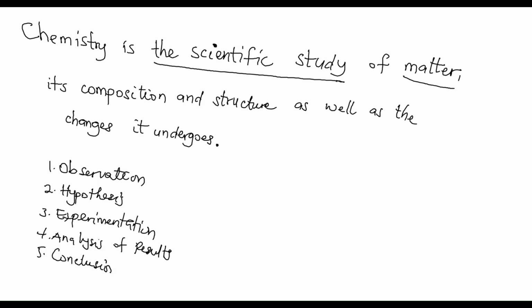Sometimes this process may repeat if the result is analyzed as not giving us anything that we can conclude on. We go back, repeating the process. But the most important thing is that the study we are going to do follows these steps, and these steps are called the scientific methods. So these are the general steps that scientists follow in order to arrive at the solution for a particular problem.